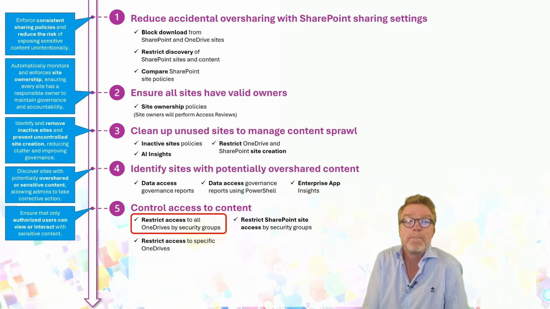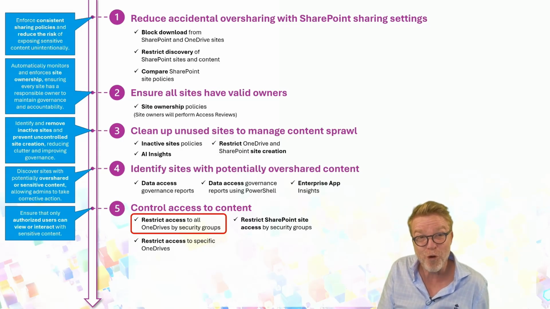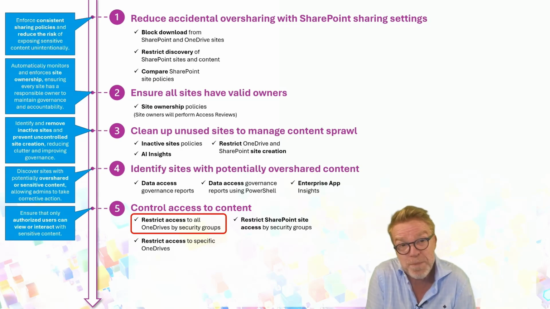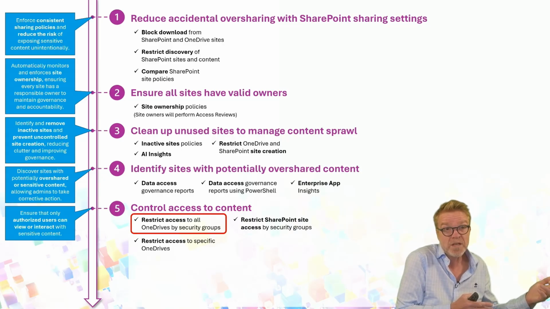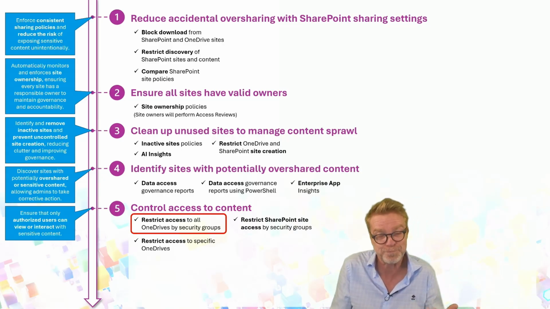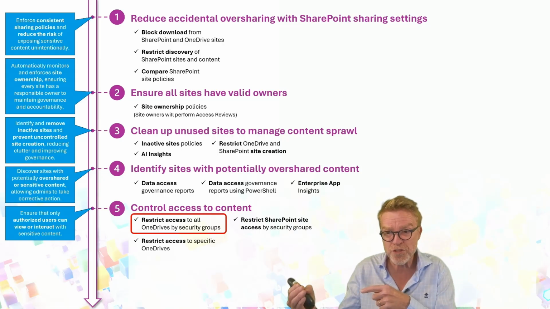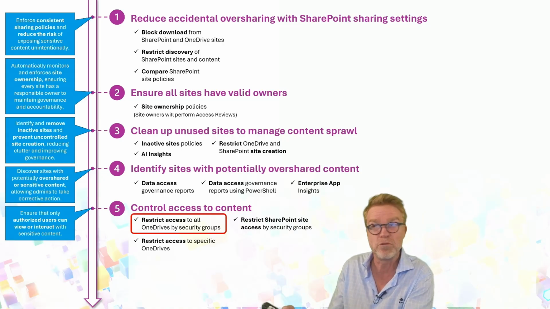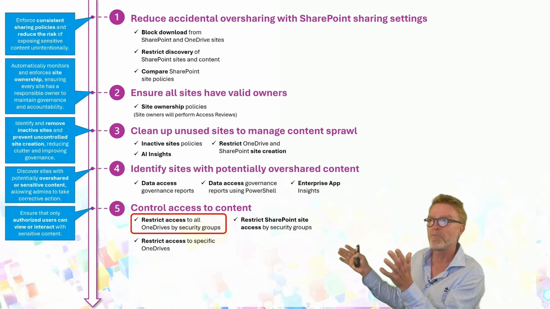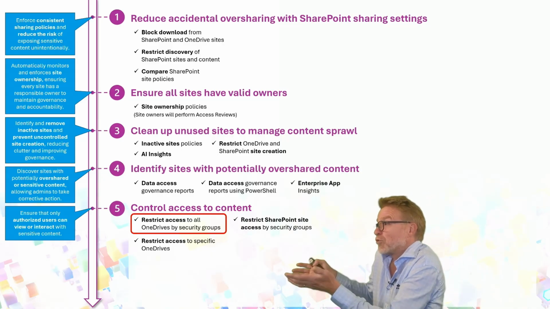One of them is that you might restrict access to all OneDrives to only specific users, excluding users that are not allowed to access, for instance, the OneDrives of others, even if the other people have decided to share it with you, or share it with a certain group of people and for some reason you are in that group.